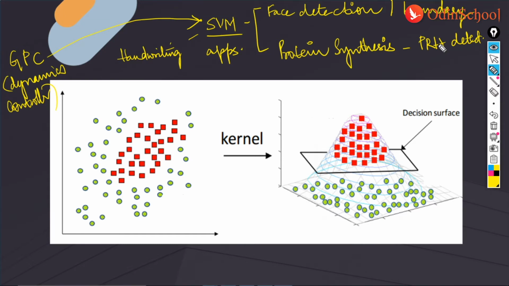Then you have handwriting recognition. In handwriting, you have different types of entries for validating signatures, or document prints, etc. And when we talk about GPC, this is for stabilization. This is for local stabilization of the target.